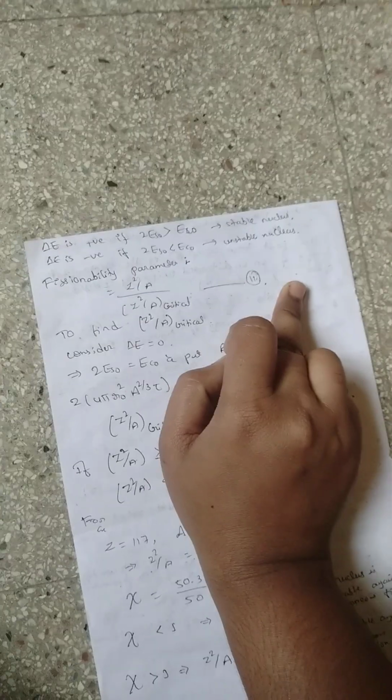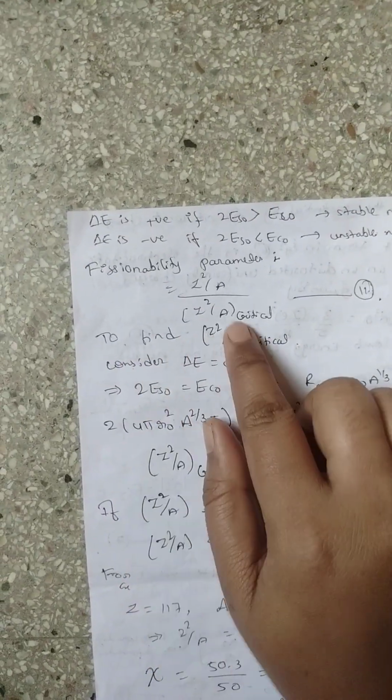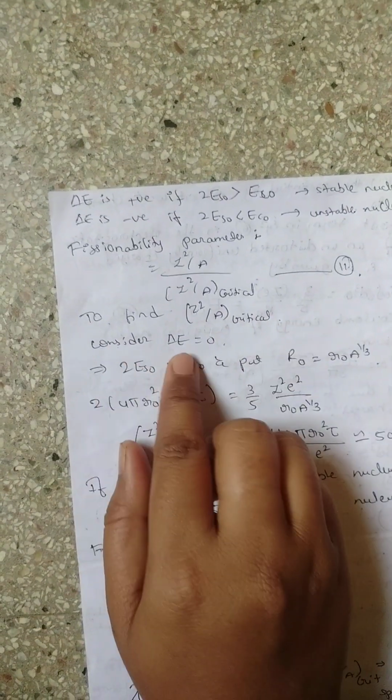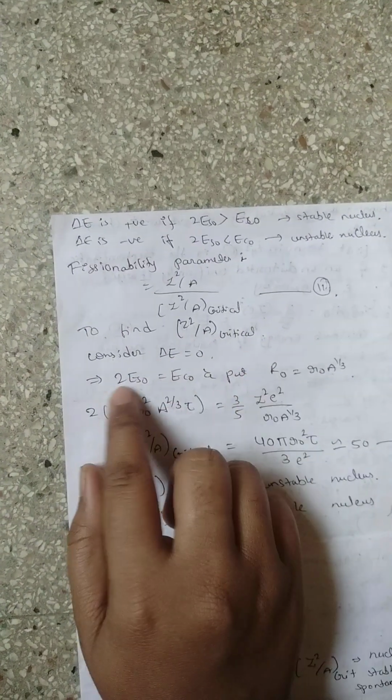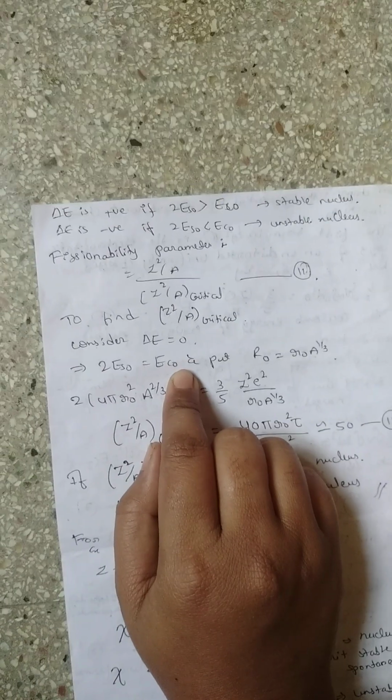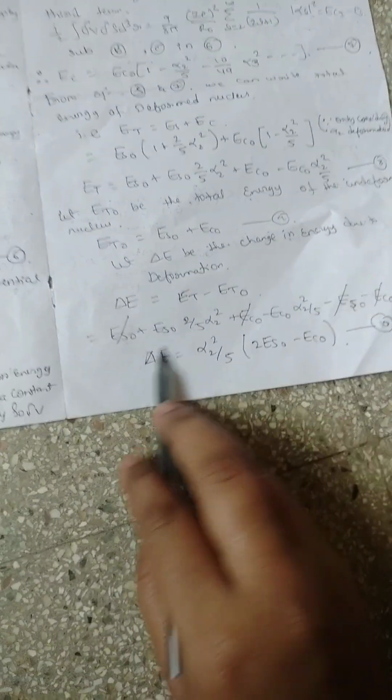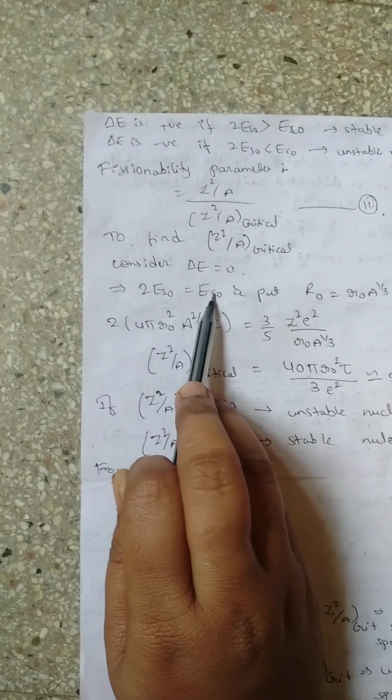Consider this as equation number 11. To find Z square by A of critical, consider delta E to be 0. If delta E is 0, then 2 E of S naught is equal to E of C naught, from equation number 10.